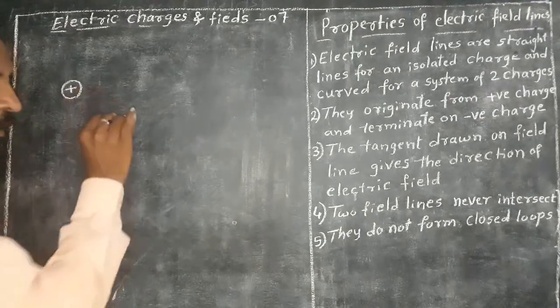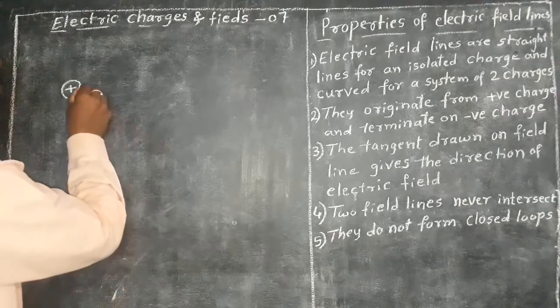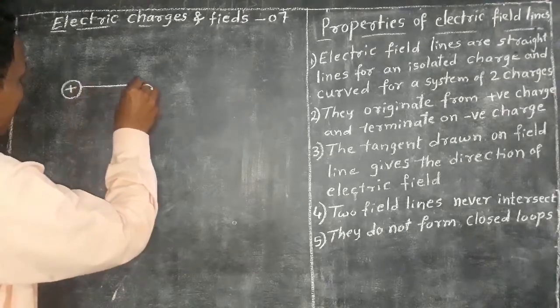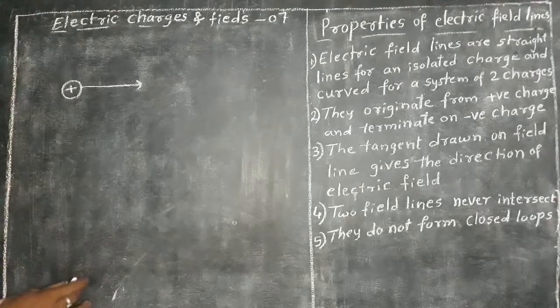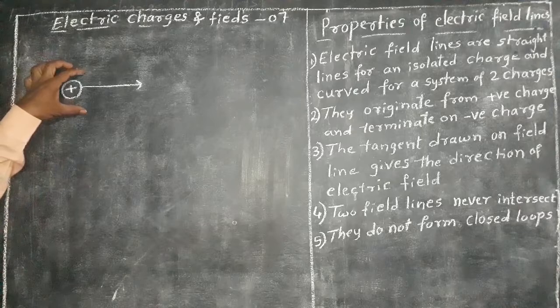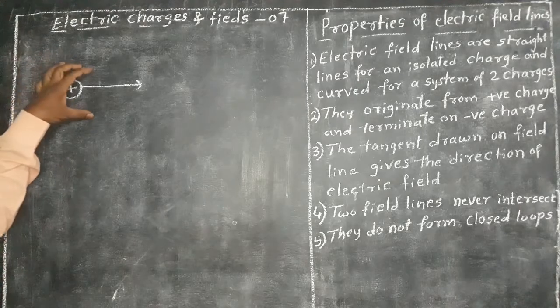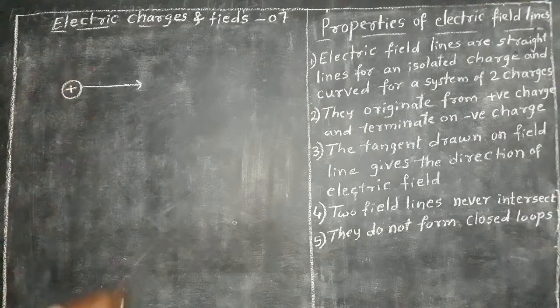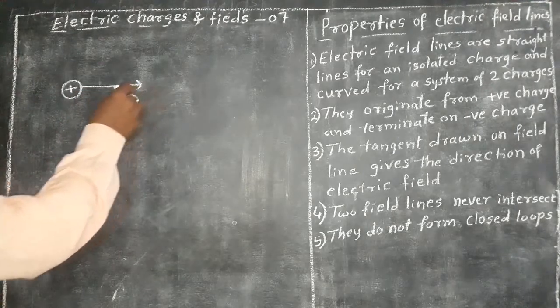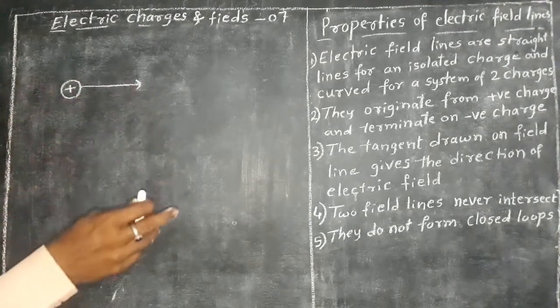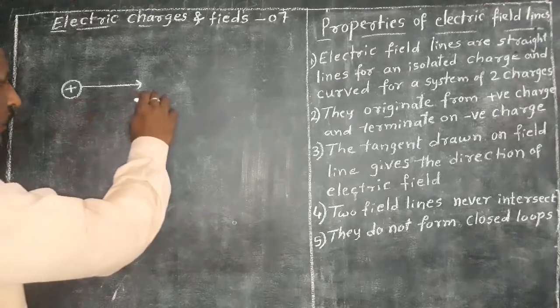And the direction of electric field is the direction in which a test charge can move. And the intensity or strength of electric field goes on decreasing away from the source charge, but it never becomes zero.